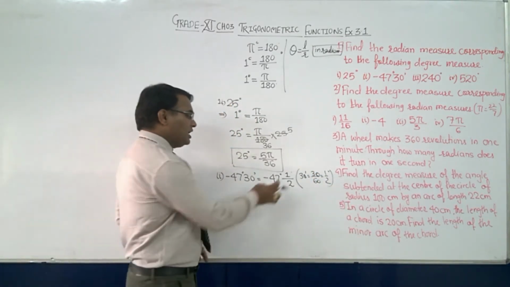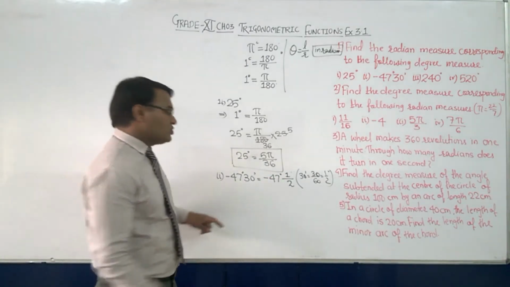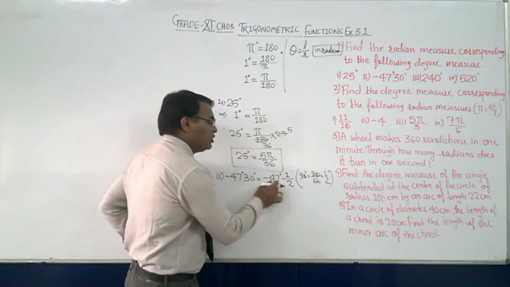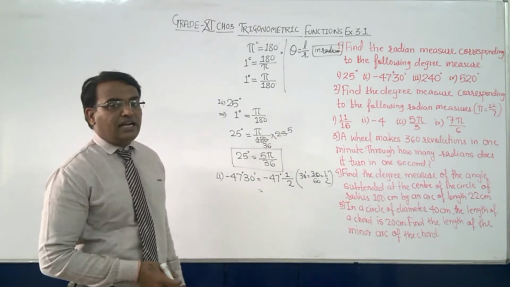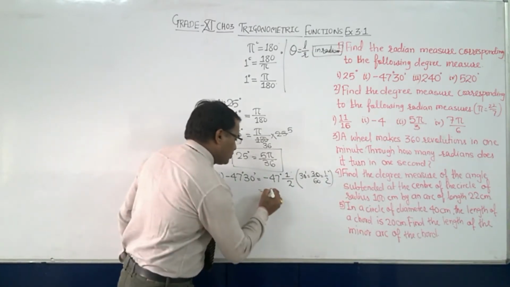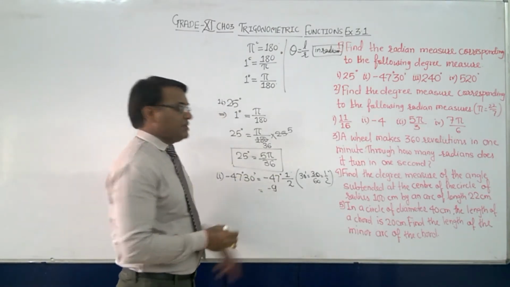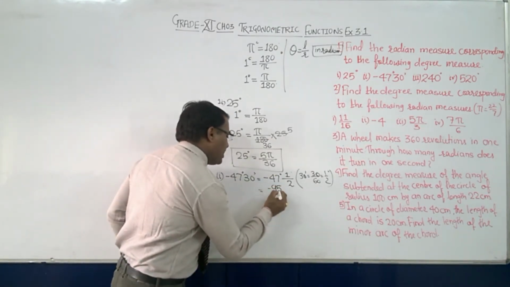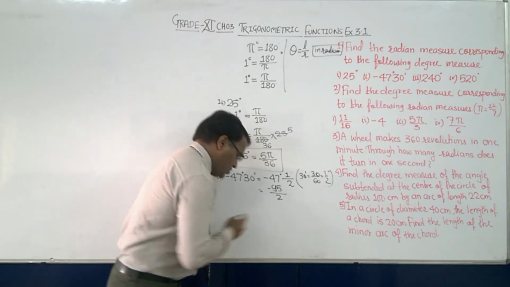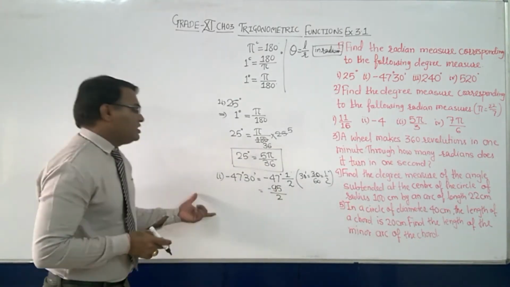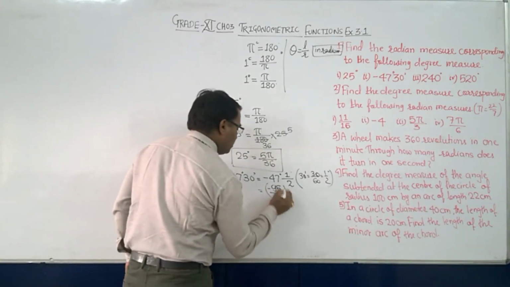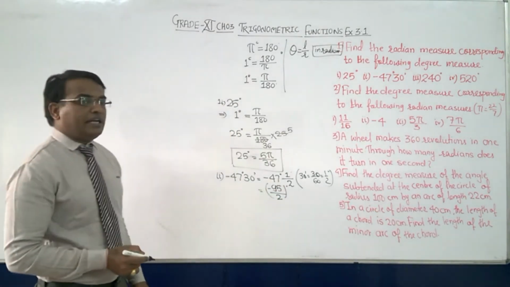Now what we got? Minus 47 and half. So directly we can try this thing. 2 into 47, what is that? It is 94. Then 94 plus 1 is 95 upon 2. So these many degrees we got now. We have to convert it into radians. How?